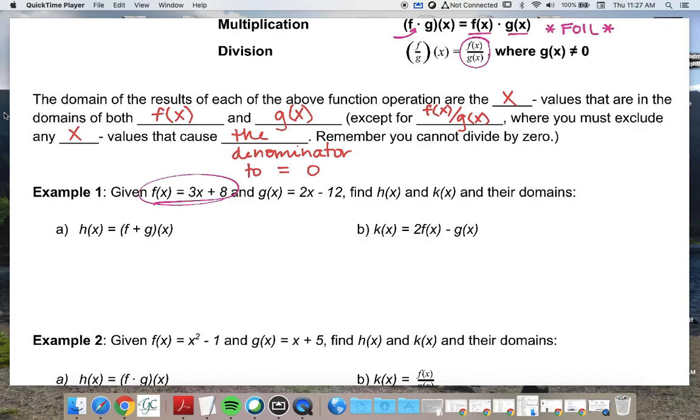So if we're talking about the domain of any of these functions or the result of any of these operations, we do have to consider any x values that might make that denominator 0, and we have to exclude them. So we have to indicate somehow that those x values cannot be part of our domain. So we'll see that when we get to some division practice.